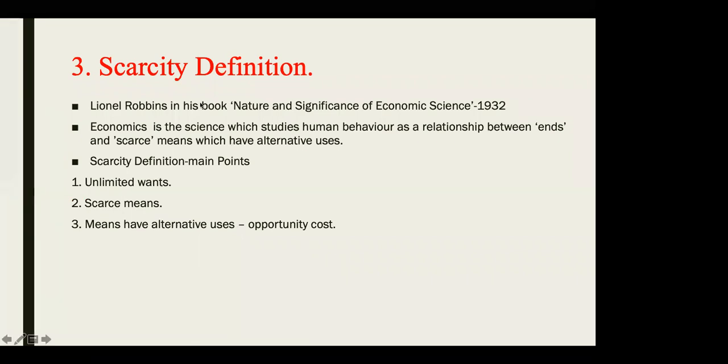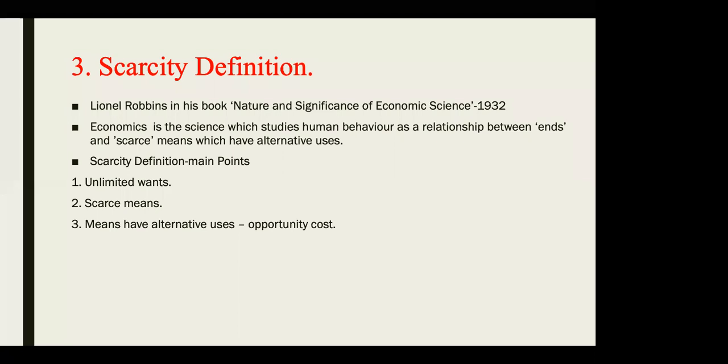Scarcity definition is given by Lionel Robbins in his book Nature and Significance of Economic Science. He defines it as: economics is a science which studies human behavior as a relationship between ends and scarce means. Ends here are wants. Wants are unlimited for the human being, and scarce are the resources through which he satisfies his wants.